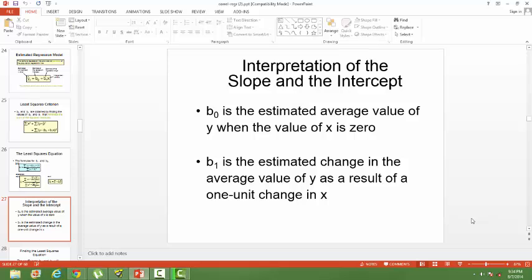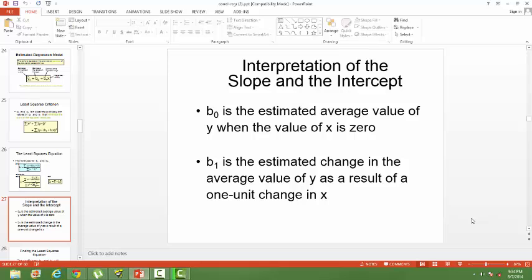Okay. So how do you interpret beta 1 or b1, which is the slope coefficient? When you change x by just 1 unit, like in the last example, x was 2 previously, and now I make it 3. When x was 2, the value of y is 2.6, in fact, like 0.2 plus 3 into 0.8.